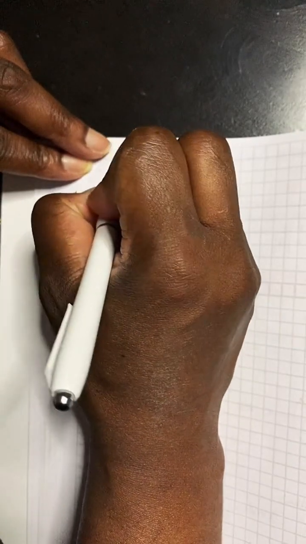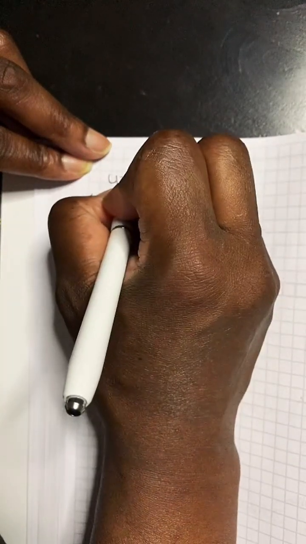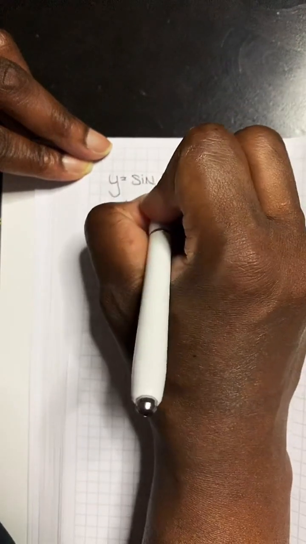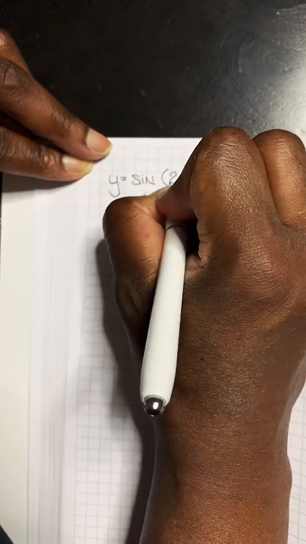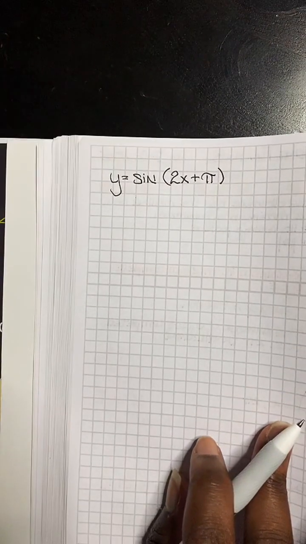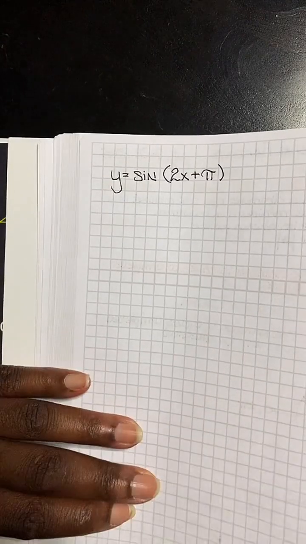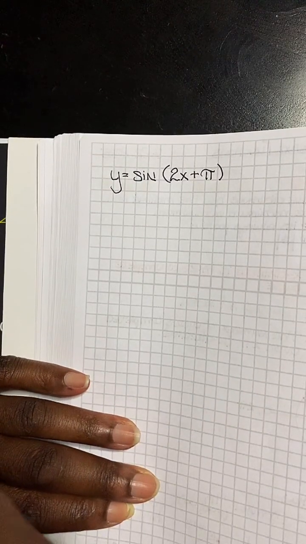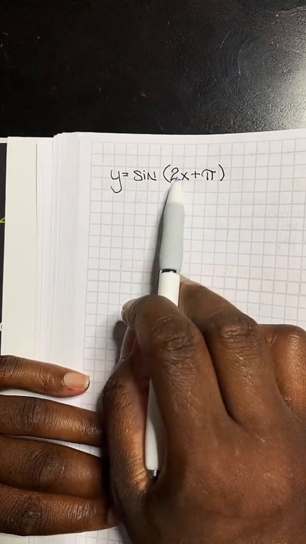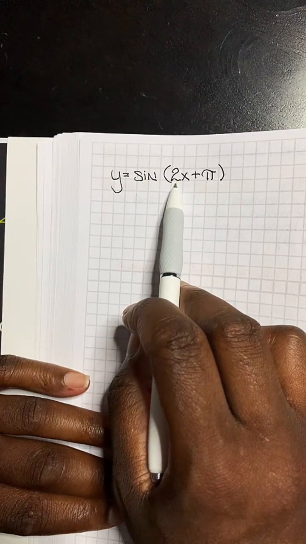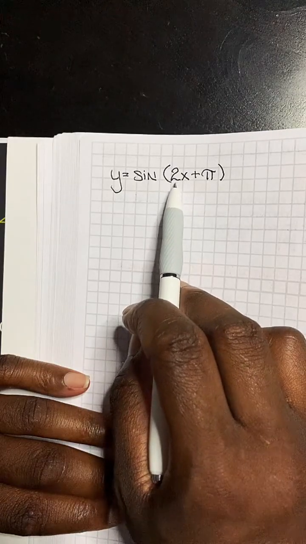All right, so we have y equals the sine of 2x plus pi. Okay. So when I see this, my b, you would think is going to be 2, which it will. But here's the thing.